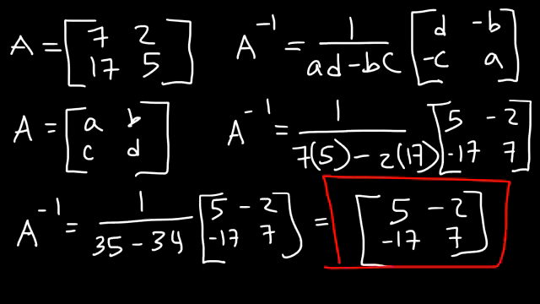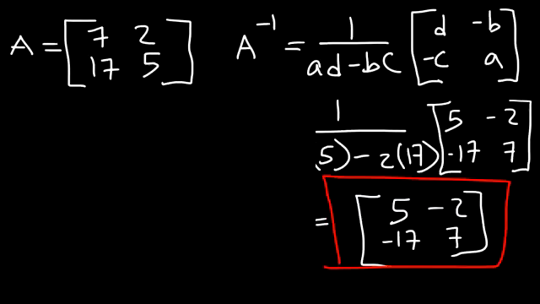Now, how can we confirm that this is indeed the inverse? So here's what you can do. If you take 5 and multiply it by its reciprocal, 1 over 5, that will give you 1. Now, if you take matrix A and multiply it by its inverse, it will give you the identity matrix.